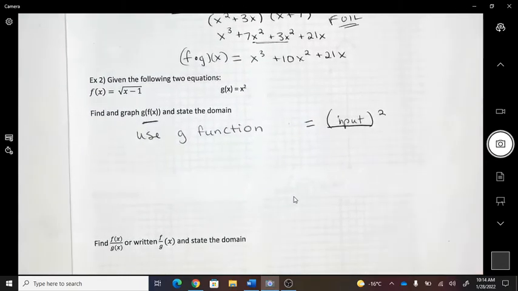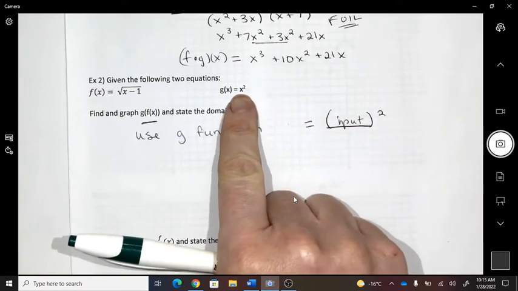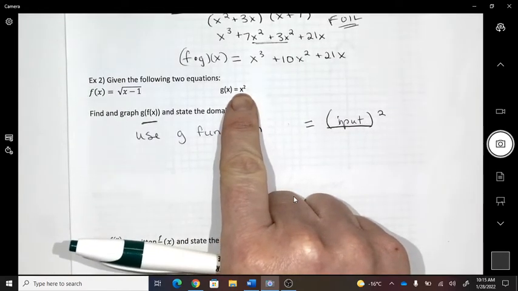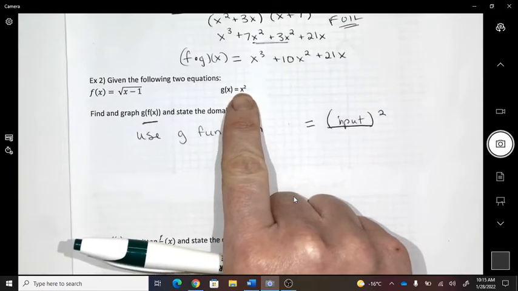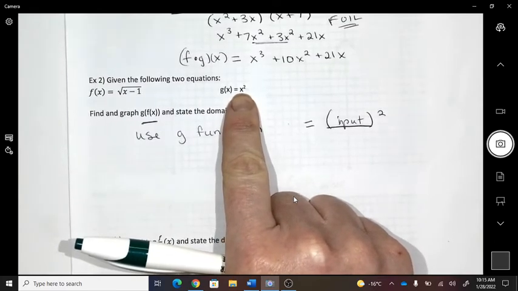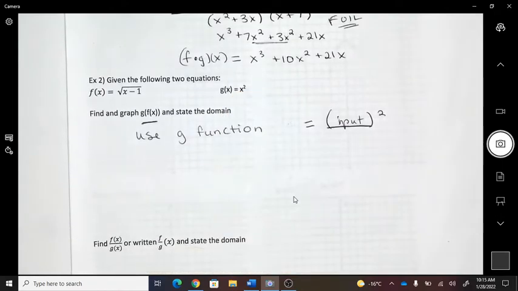So what is the g function? The g function says x squared, but instead of x, I'm going to think about it as whatever x is, the input squared.